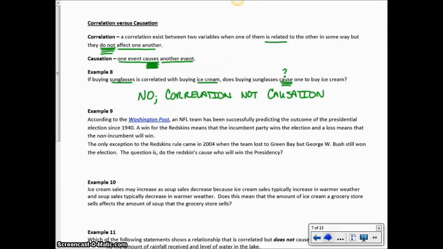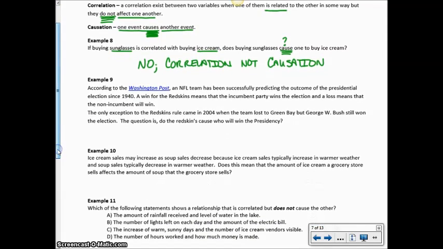Now, you might want to buy ice cream because it's hot outside, and you might want to buy sunglasses because it's all sunny, but that doesn't mean that they are actually making one another happen. That's the difference between a causation and a correlation. And with these, there can be a lot of what ifs, but if you say what if, then you're not thinking about it truly. So you need to just completely read what is there and then say, how does this happen? Does it definitely affect the other?